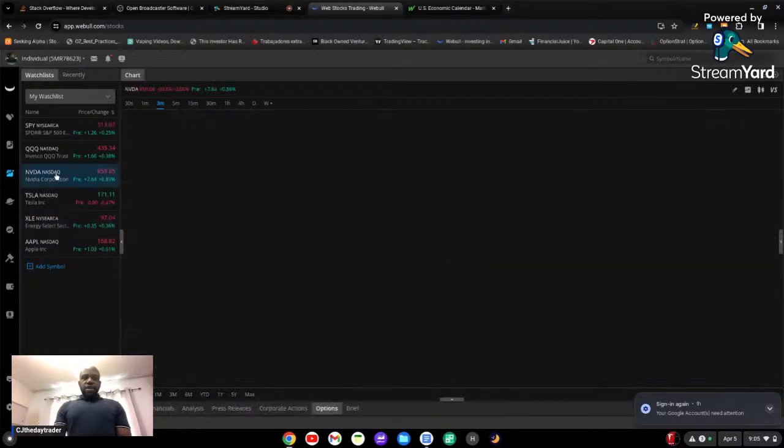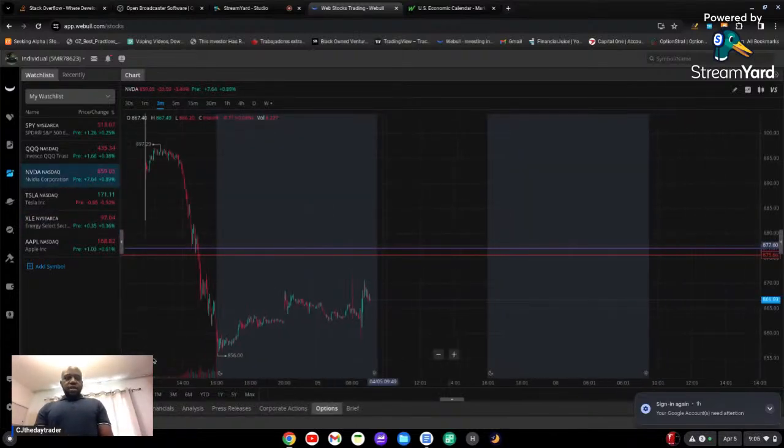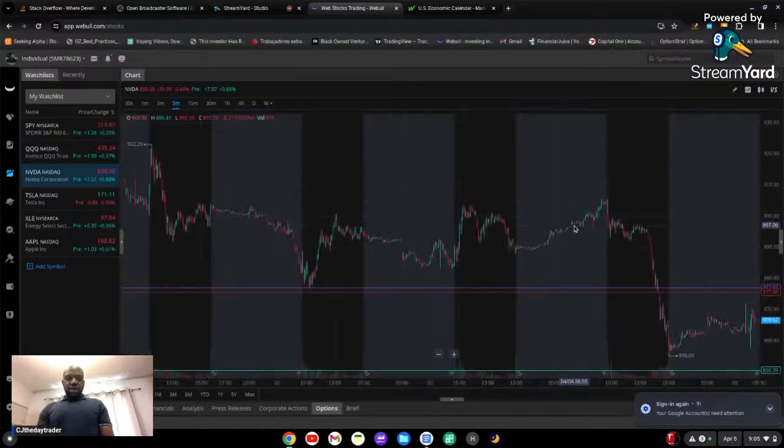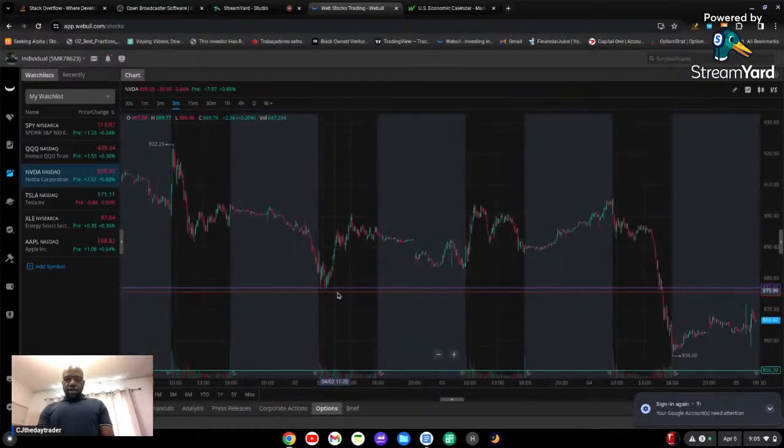We have NVIDIA on here, but we're not really following too much of NVIDIA. I just like to use it as a gauge for the market. But you see this rejection support level that was back on 4.2. If you notice a common theme about 4.2, there's a lot of action that happened on 4.2, and those levels are being retested today.